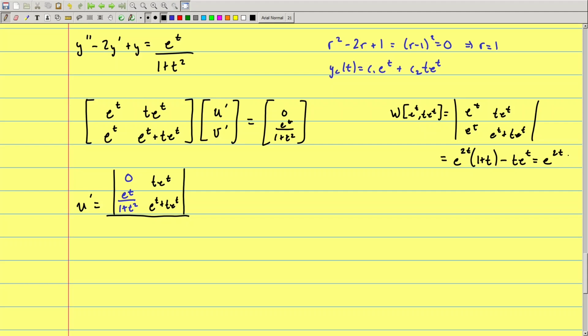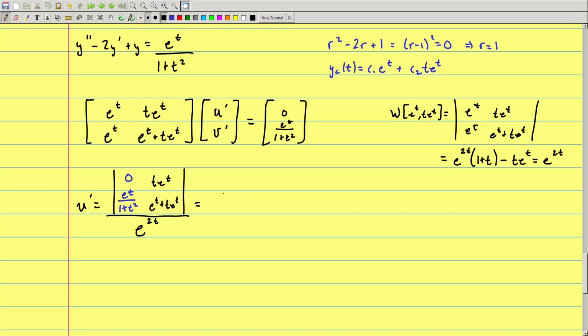Which looks like this, right? Okay, so that means our denominator is just e to the 2t. And then we can put the rest of this together.